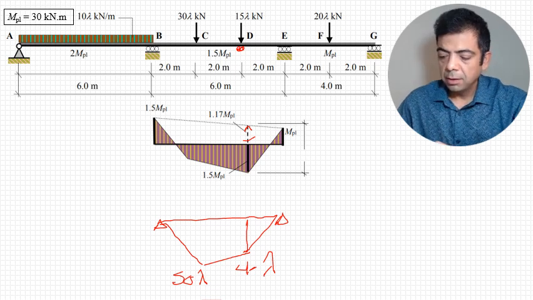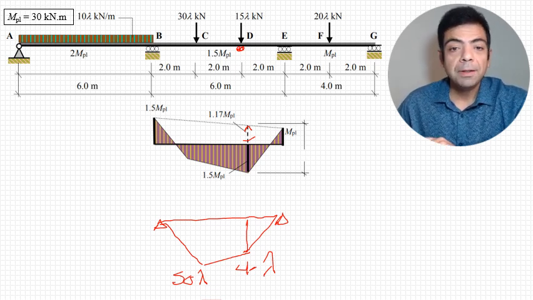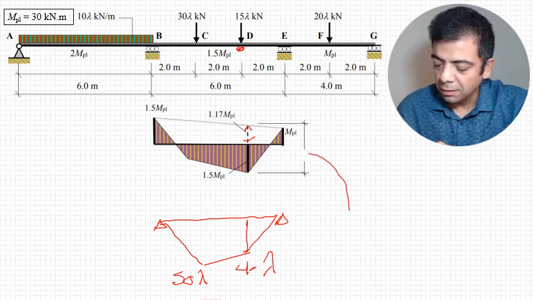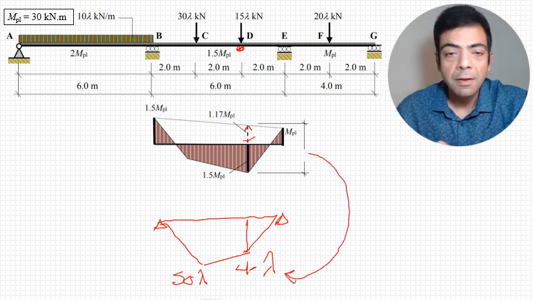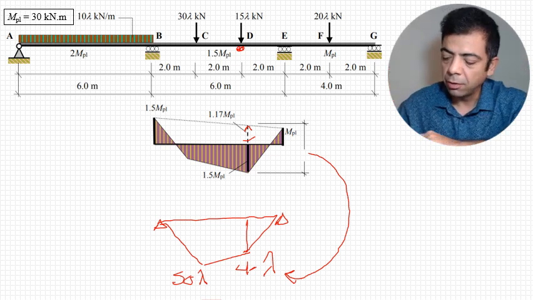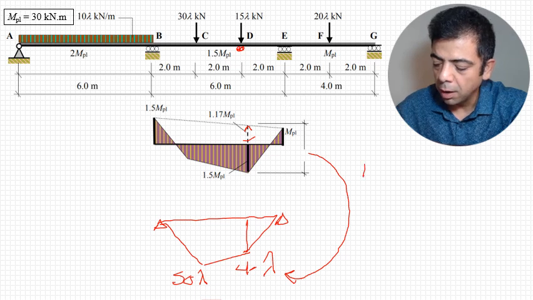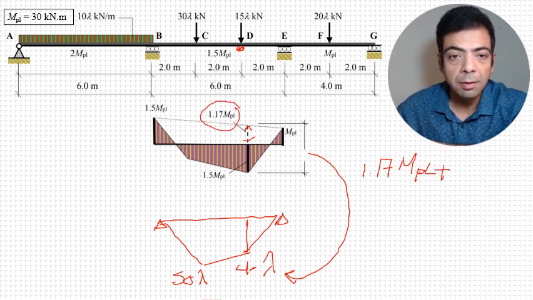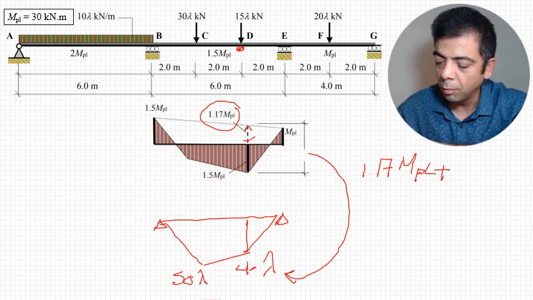Okay, now all that's left is the entire distance will have to equal the simple bending moment diagram at point D. So if we do the math, 1.17 M plastic, that's the top part to the black line, plus the bottom line, 1.5 M plastic.